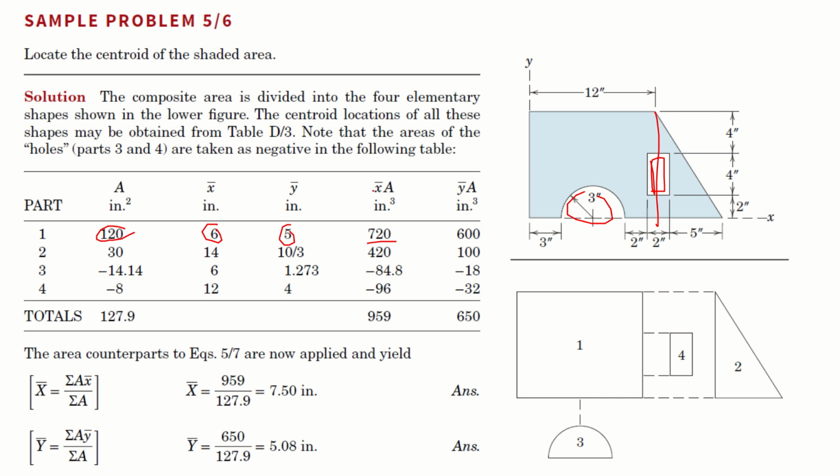We find the centroid of the area with respect to the y-axis for the first part, then the second part, and you can see the third and fourth parts have negative signs because they are subtracted areas. We apply this information to our equations, and we will find the corresponding centroid of the given area along the x-axis and along the y-axis.